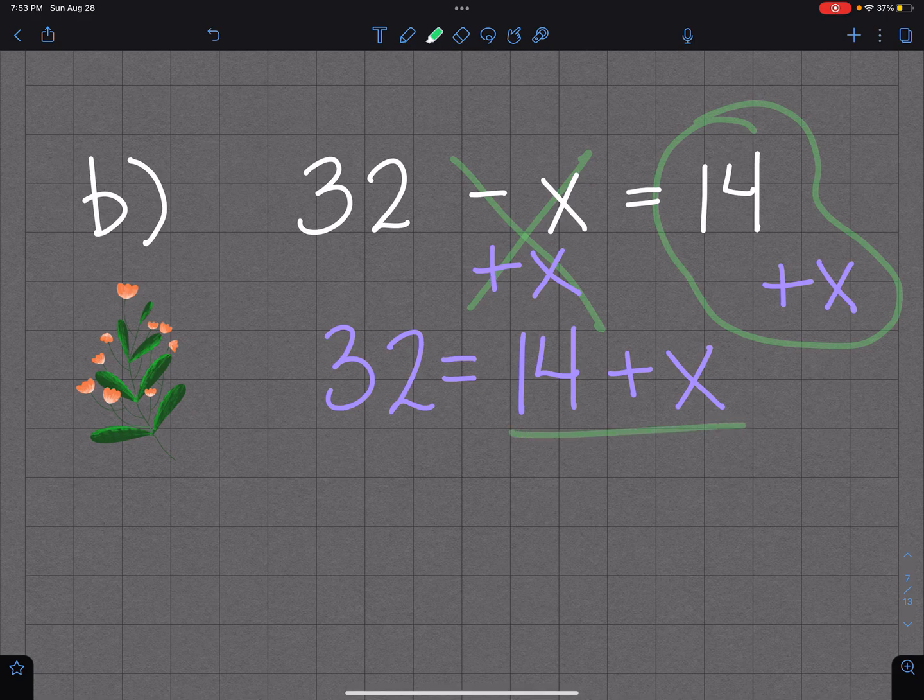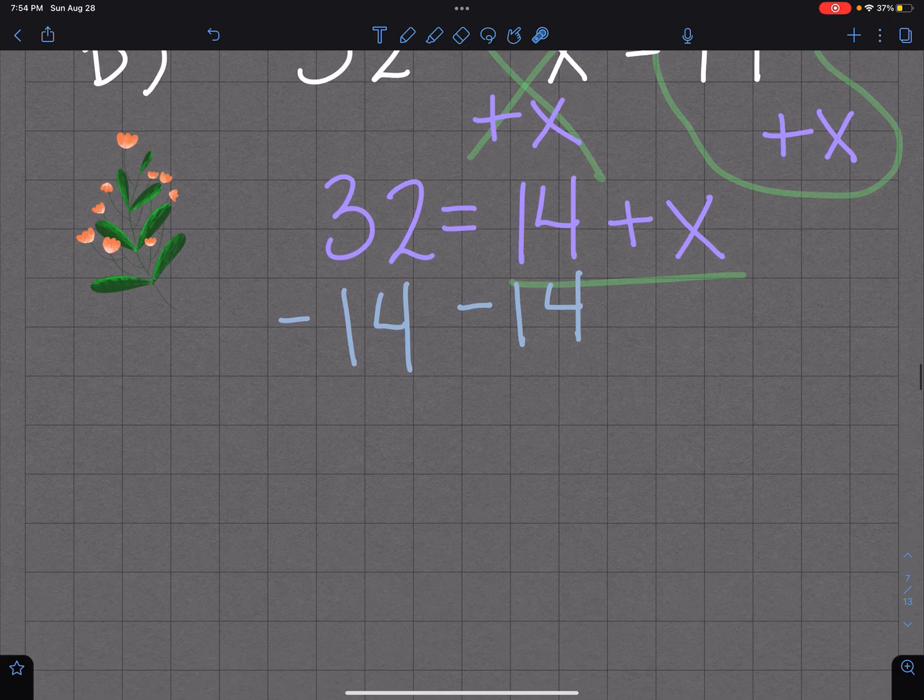So now this is a problem that I know how to do, because now I can just subtract 14 from that side and subtract 14 from this side. Remember, I'm doing the same thing on both sides of the equation, and the equal sign is the equation. So as long as you do the same thing to both sides, it doesn't matter, you'll get the right answer. Right here, negative 14 minus 14 cancels out to 0.